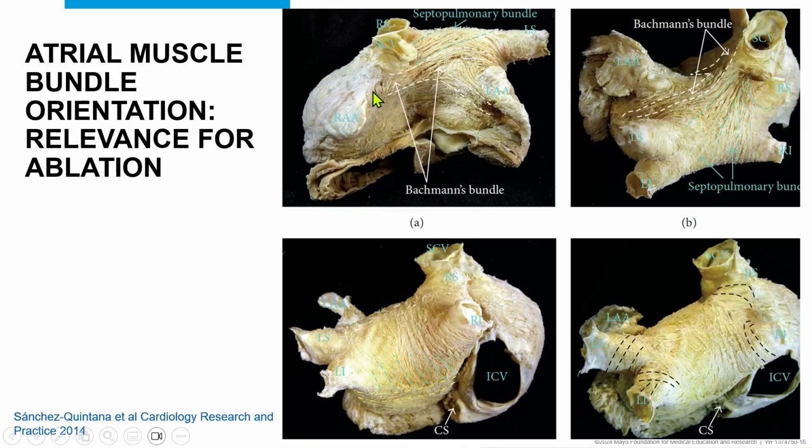What if you assume this is a focal atrial tachycardia and you ablate the earliest site here on the right atrial side? You then have very slow conduction, no longer rapid conduction along the roof, very slow conduction across that Bachmann's bundle.